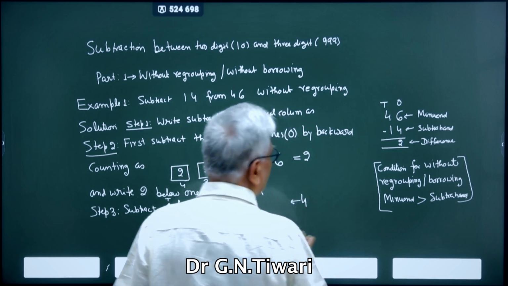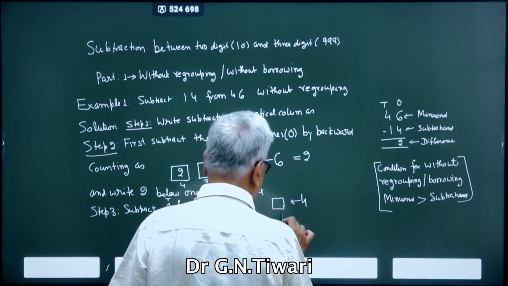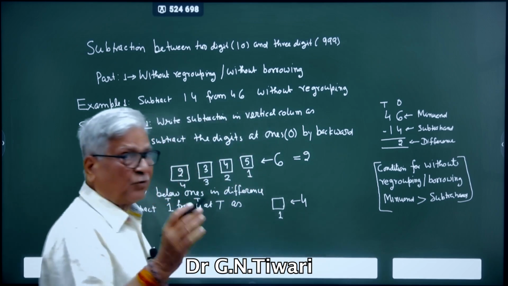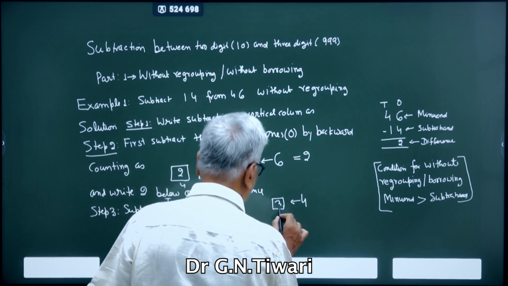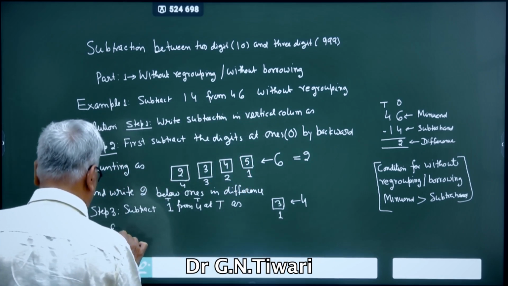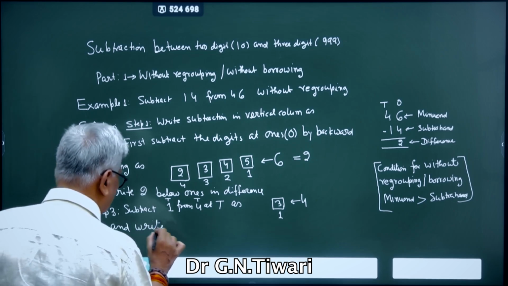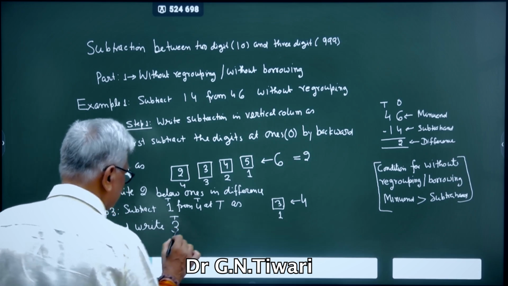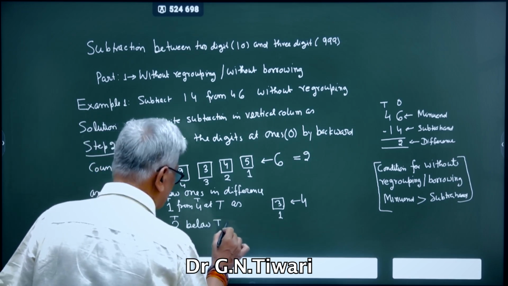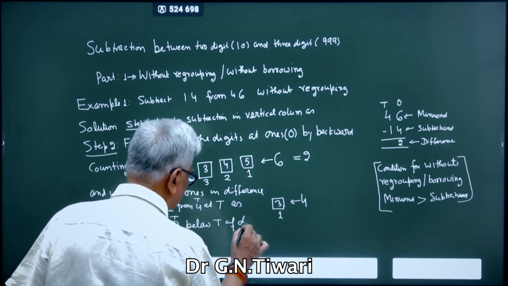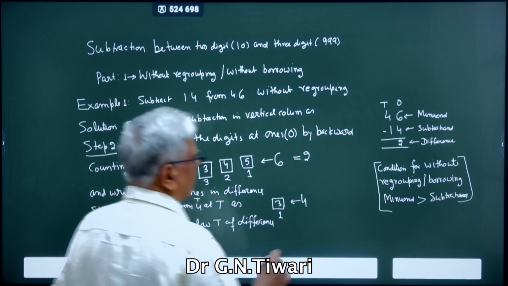Backward counting, only you have to subtract 1, so there will be 1 block. So before 4, what is the number? 3. And write 3 below T of difference.